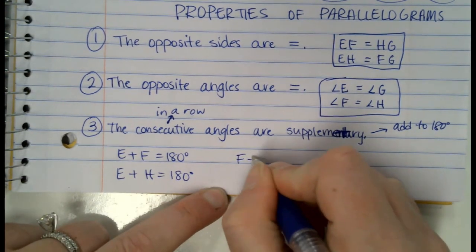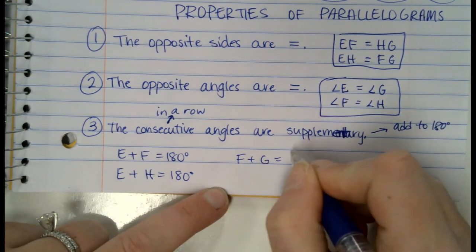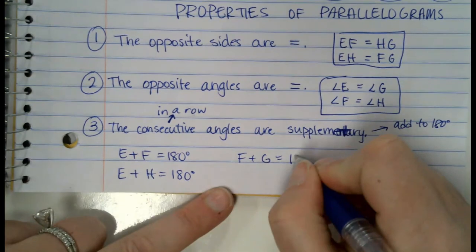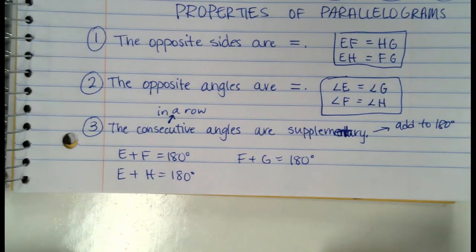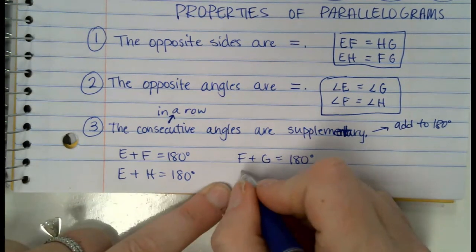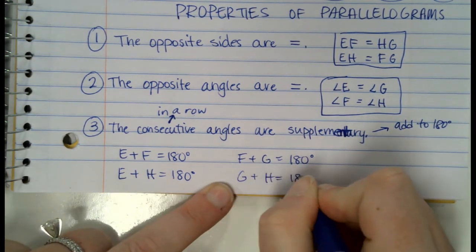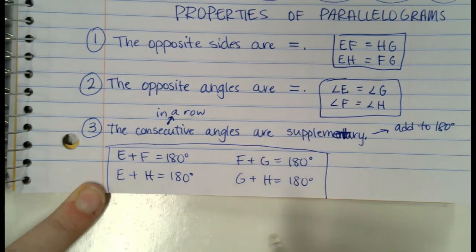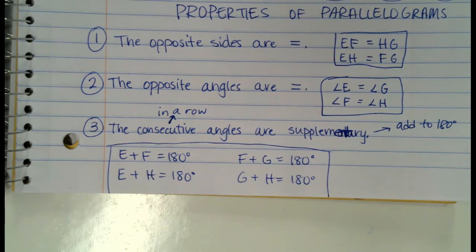Are they in a row? Are they right beside each other? They are considered consecutive. That just means in a row. So F plus G is 180 degrees. And then what's the only combination we haven't done? We did E and F, F and G, E and H, G and H. So all of these combinations here, angles in a row, add to 180 degrees.